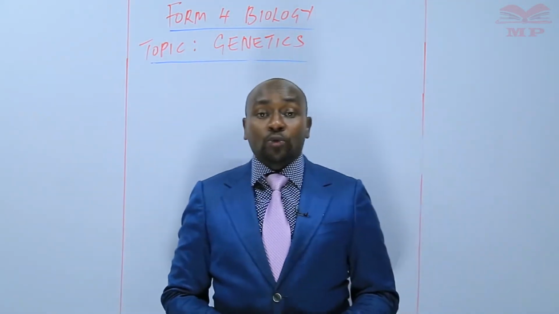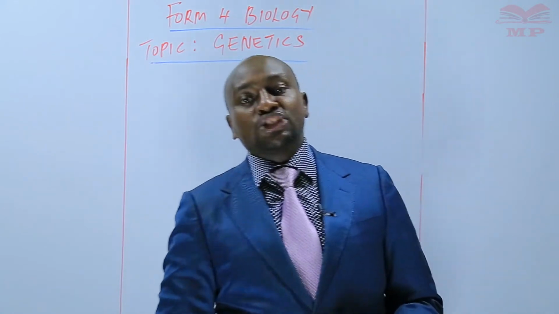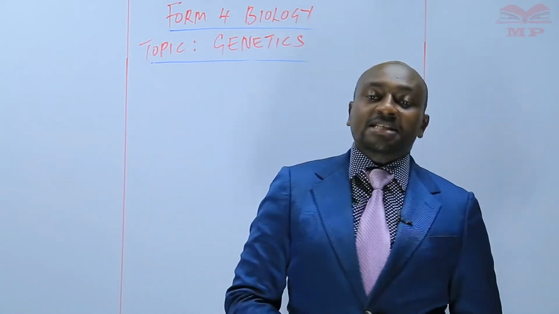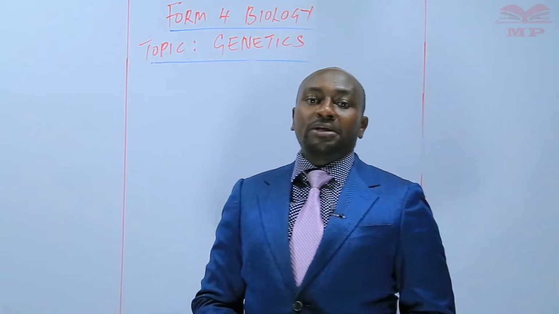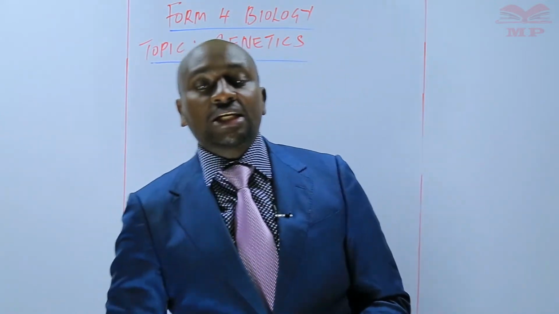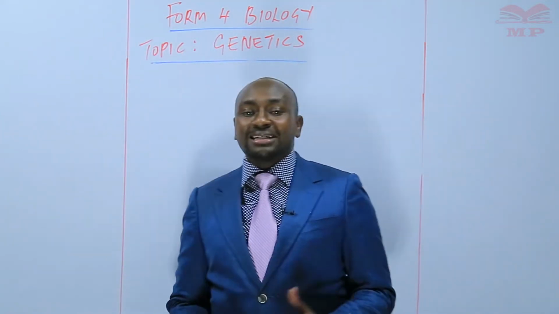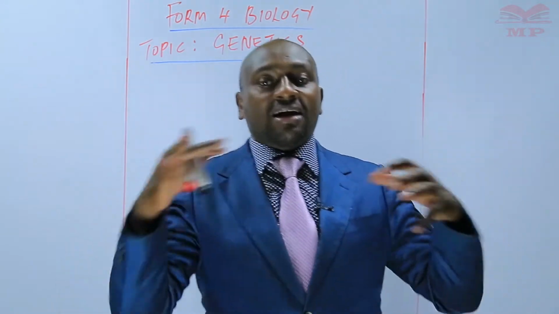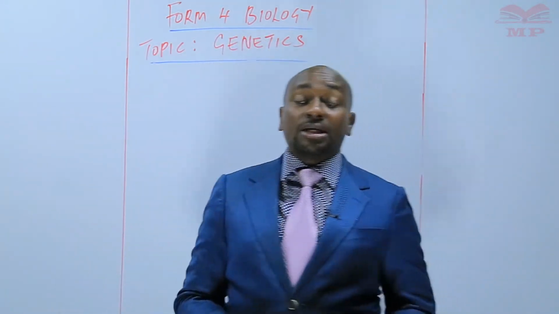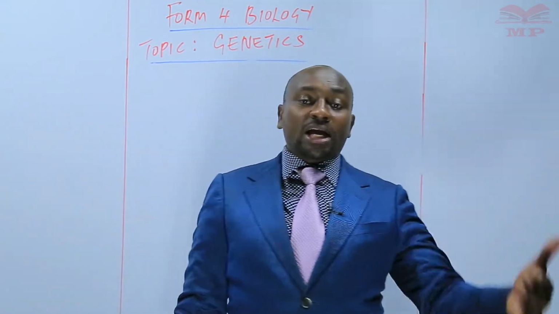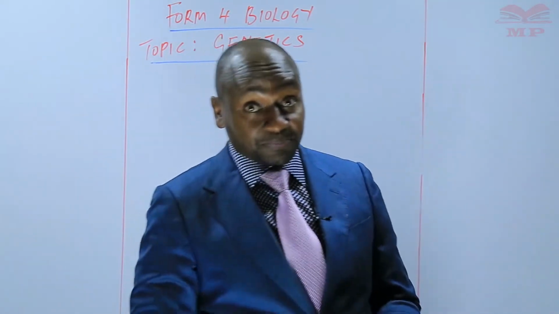Previously, we explained what is a dominant gene and what is a recessive gene, whereby we say that a dominant gene is the gene that masks or covers another gene, preventing the weaker gene from expressing itself.